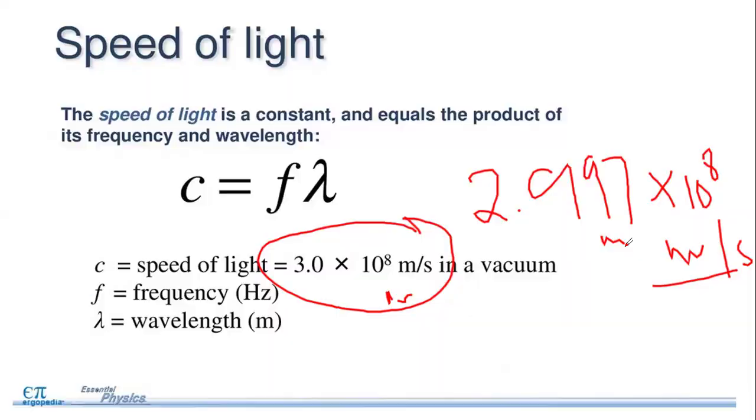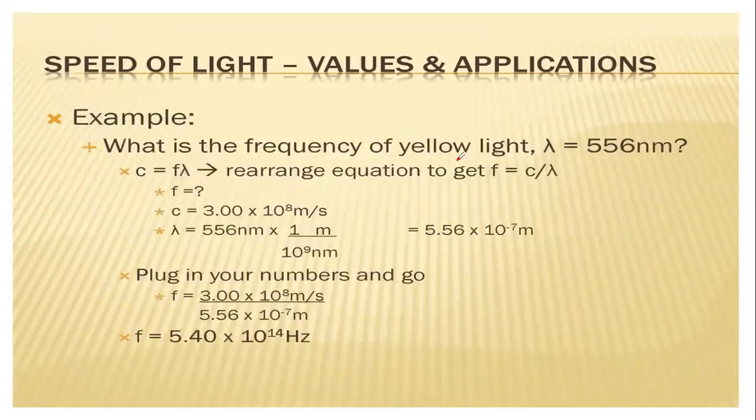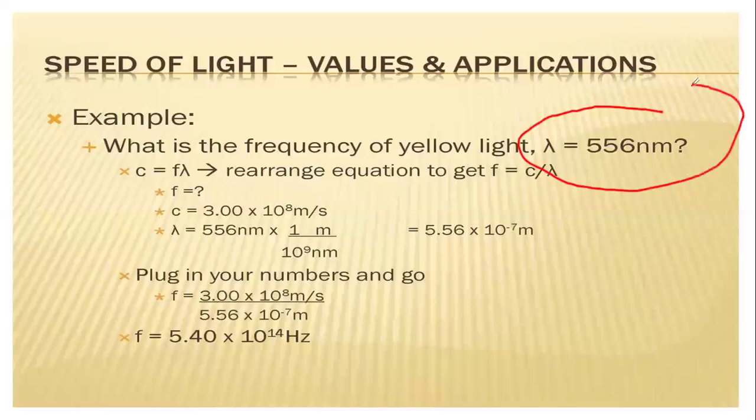Now we can look at example questions using this formula. Example: what is the frequency of yellow light, given that the wavelength is 556 nanometers?